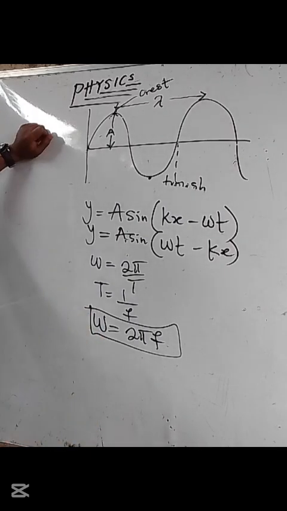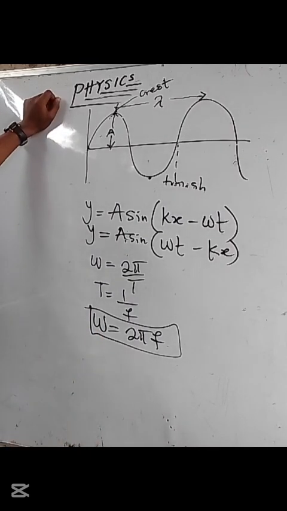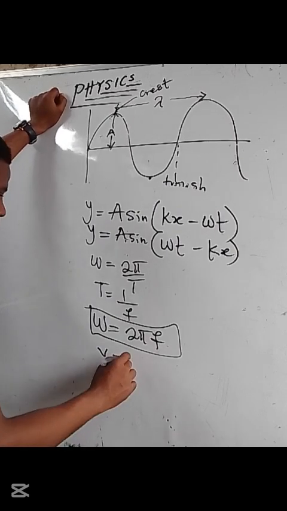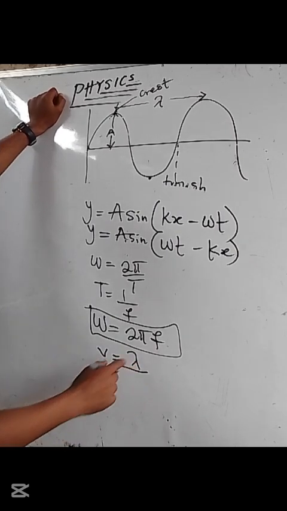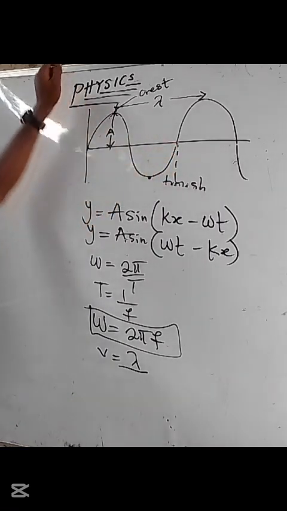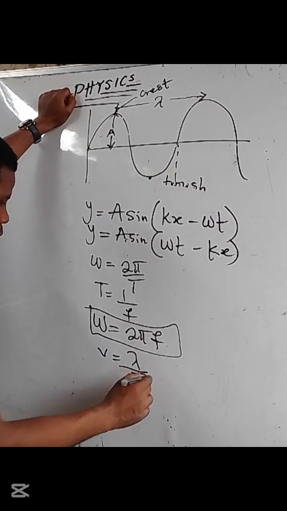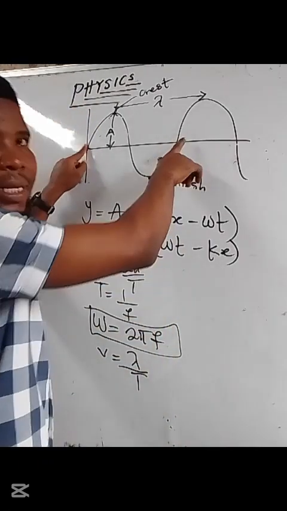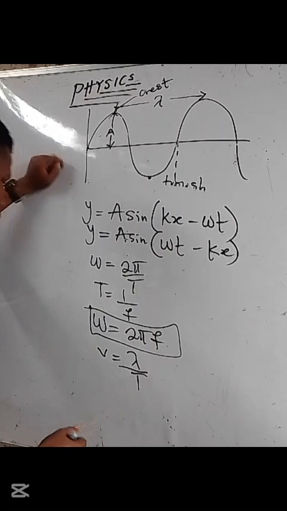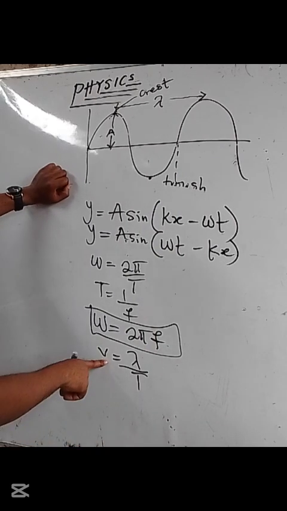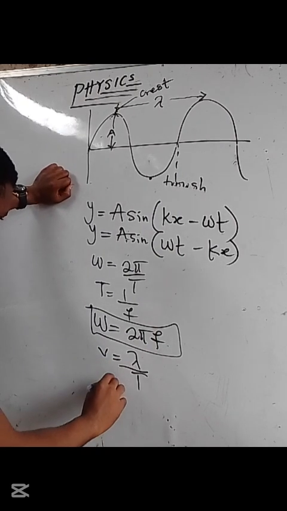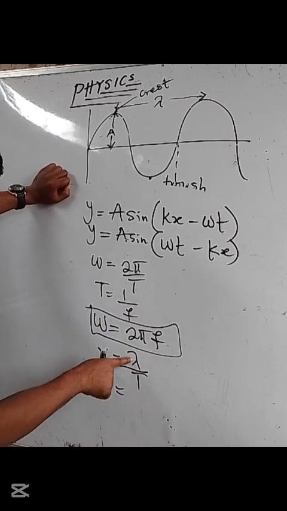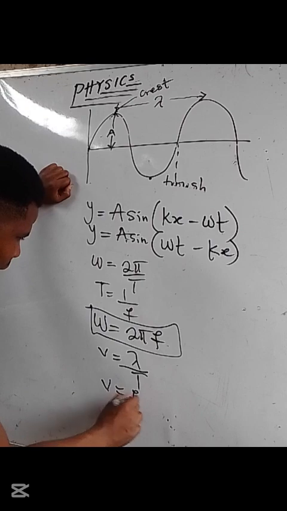So now, remember that velocity can now be given as lambda, which is wavelength, over period. Remember, wavelength is one cycle, then the time to complete that one cycle. So therefore, our velocity, this is a linear velocity. When you apply the same principle here, wavelength over period means that velocity is f lambda.